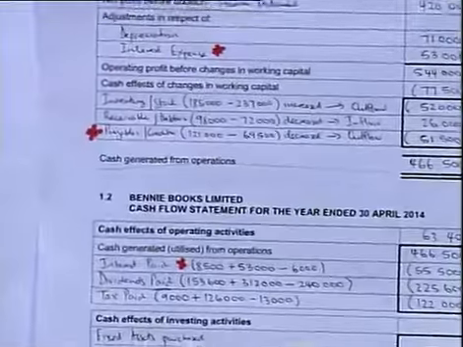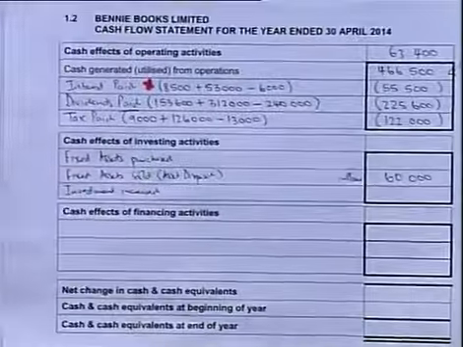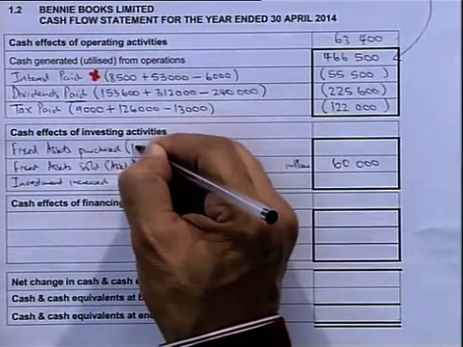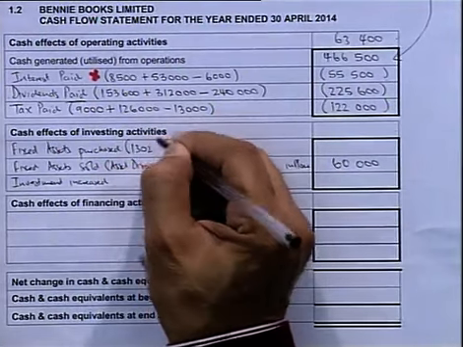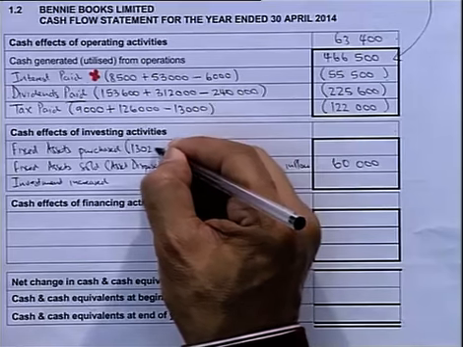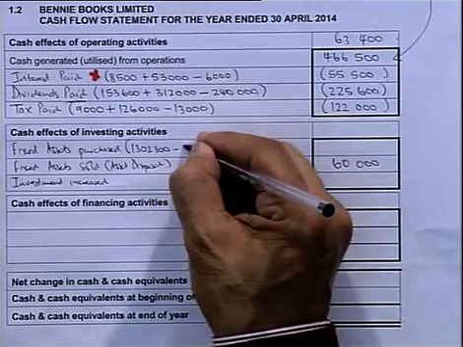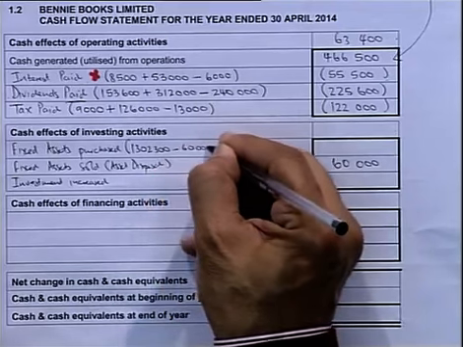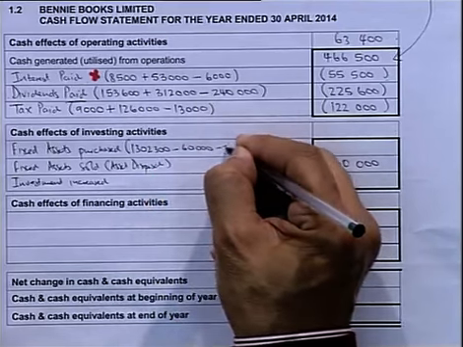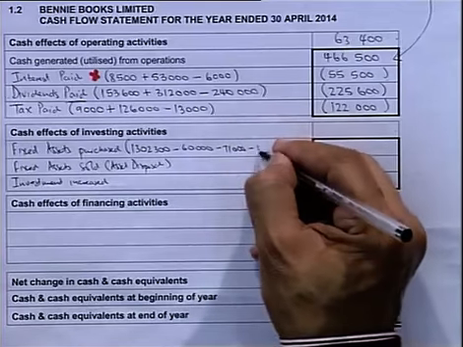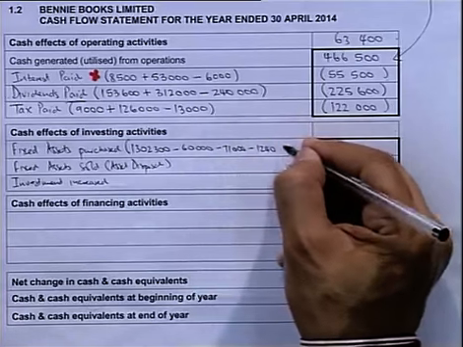So on your answer page, next to fixed assets, you're going to start with 1,302,300, minus 60, minus 71, and minus 1,240,800.